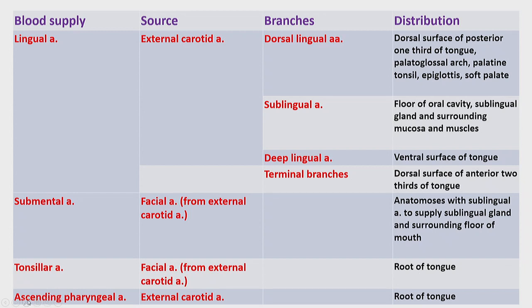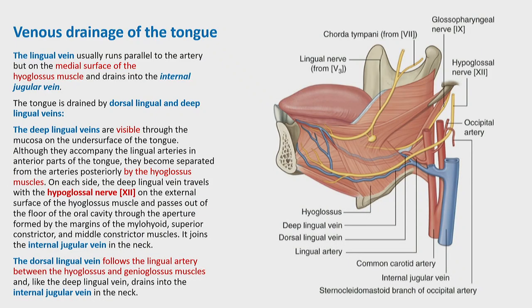And finally, another artery, the ascending pharyngeal artery, also a branch of the external carotid artery, is supplying the root of the tongue. So these two arteries are the same arteries that we mentioned for the blood supply of the soft palate, mainly in the tonsillar region, because it's in close proximity to the root of the tongue. So: palatine tonsil, soft palate, and the root of the tongue.